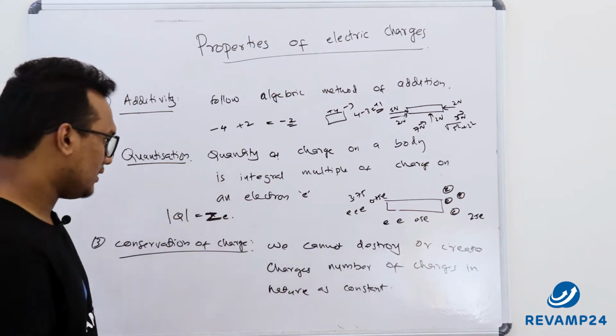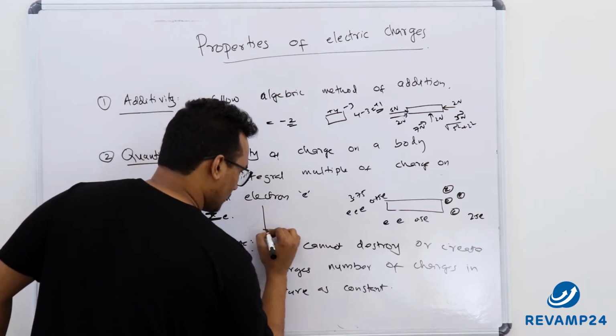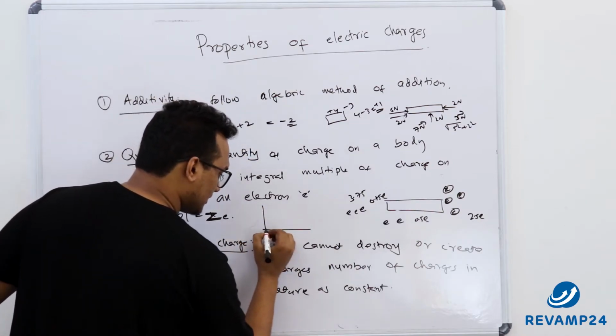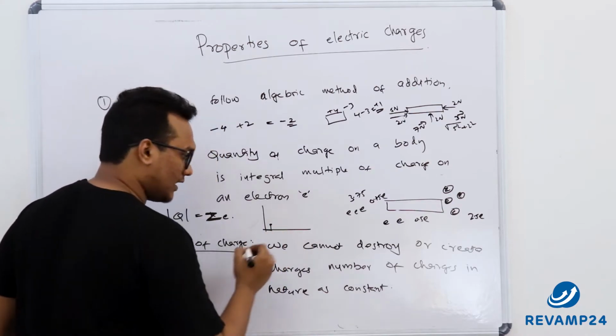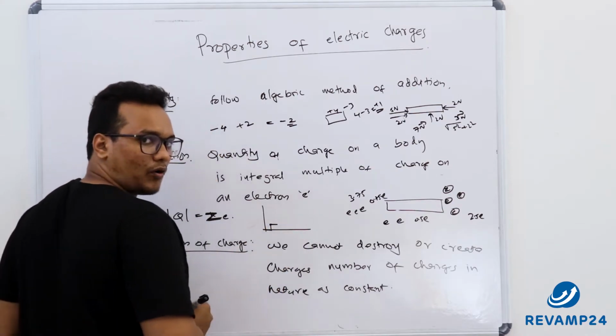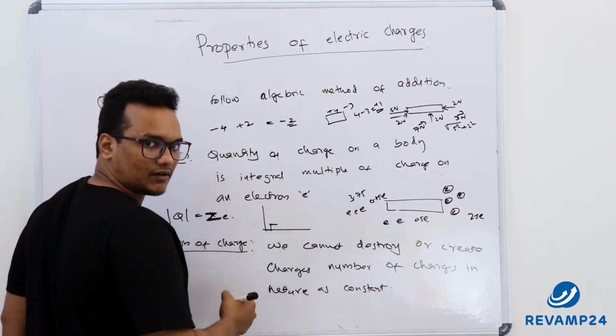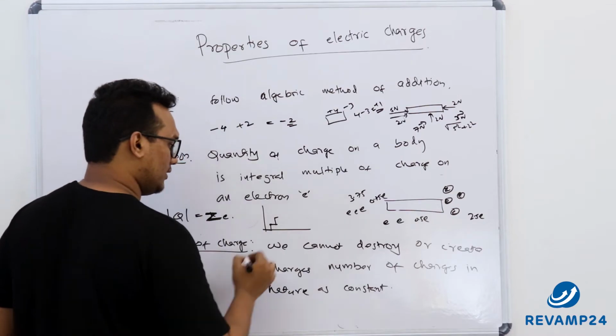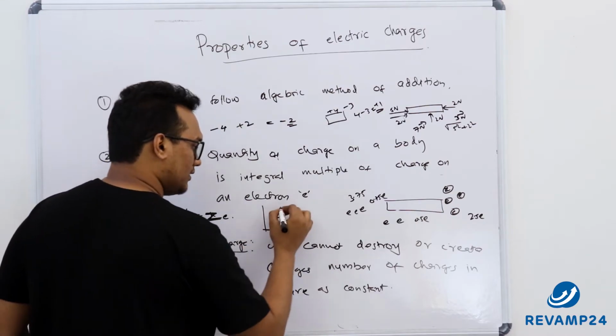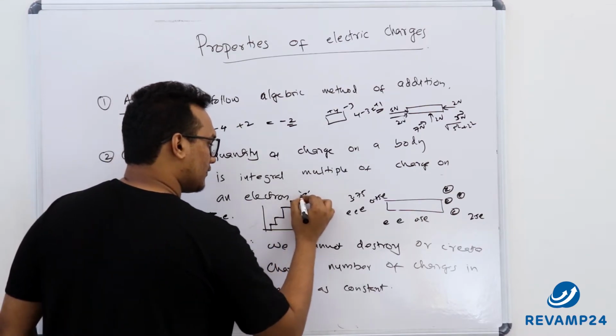1E, 2E. Let's say I am drawing a graph. The first charge is from 0, it will immediately go to 1E. Then after 1E, 0.5E is not possible, 0.75, 1.2E is not possible. The next charge is 2E. Then from here 3E, then 4E, then 5E.